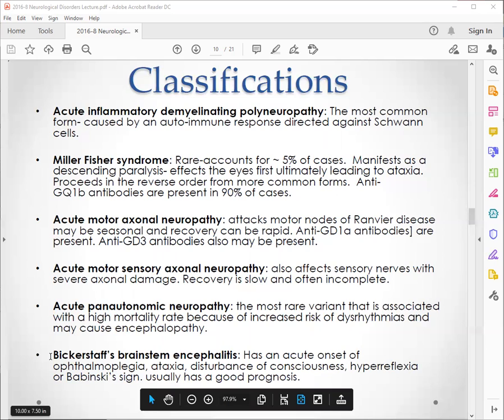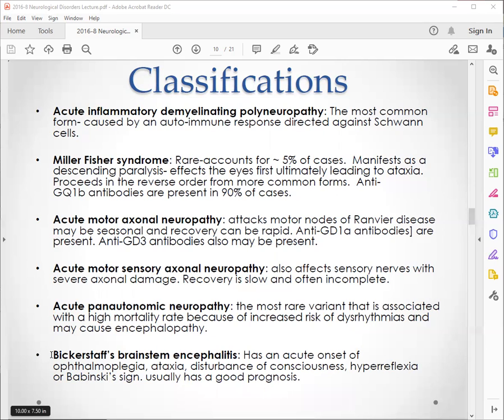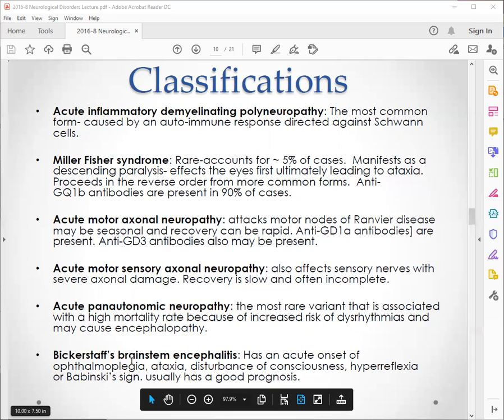Bickerstaff's brainstem encephalitis, which has an acute onset of ophthalmoplegia, ataxia, disturbance of consciousness, hyperreflexia, or Babinski's sign, and usually has a good prognosis.